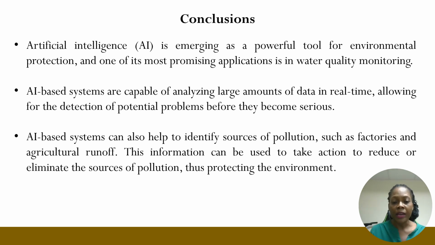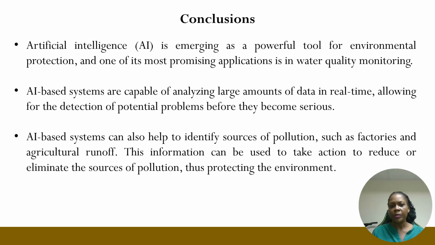Finally, AI-based systems can also help to identify sources of pollution, such as factories and agricultural runoff. This information can be used to take action to reduce or eliminate the sources of pollution, thus protecting the environment.